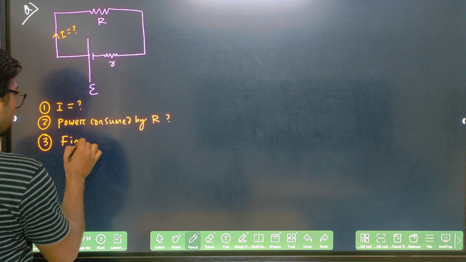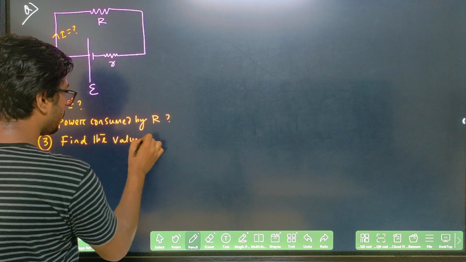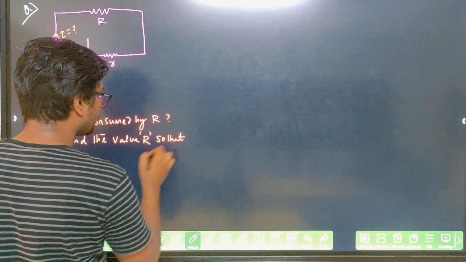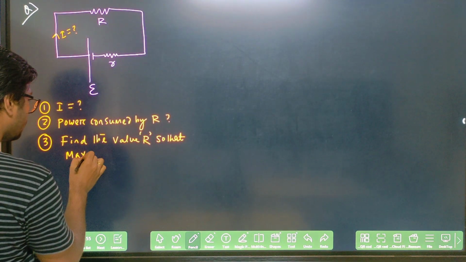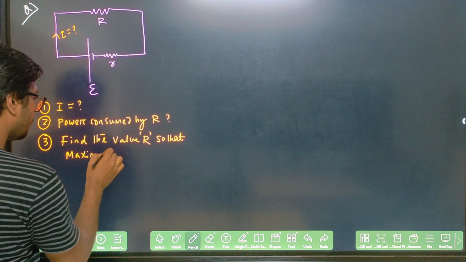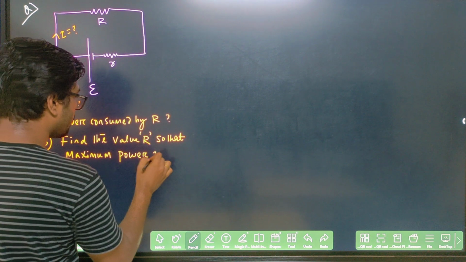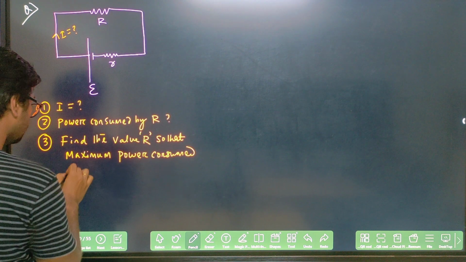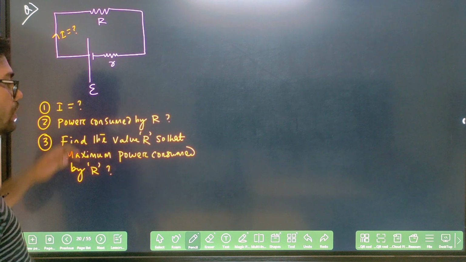Find the value of capital R so that maximum power is consumed by the resistor R. So we have to do 3 questions here.